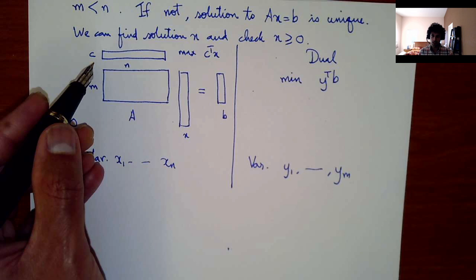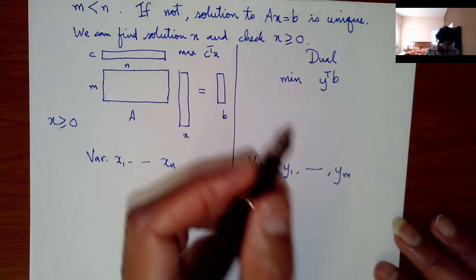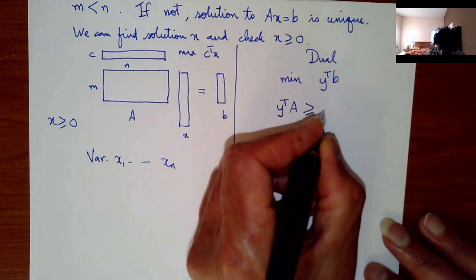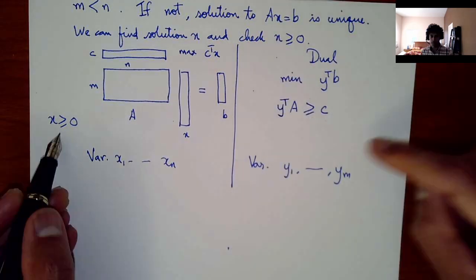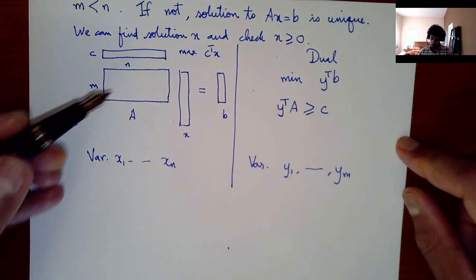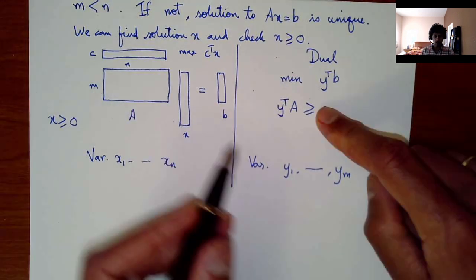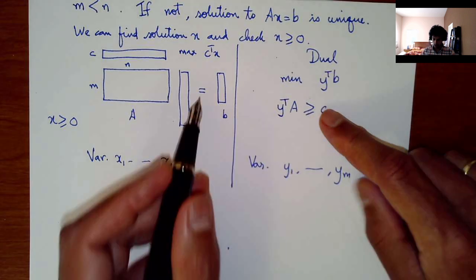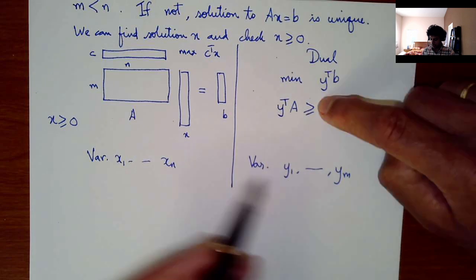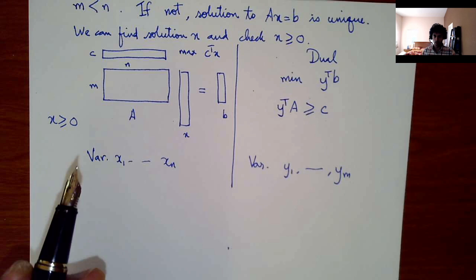And because the x's are non-negative, when you take the dual, you will get y transpose A is greater than or equal to C. Right? And because these are equality constraints, the constraints correspond to unconstrained variables. When you have non-negativity constraints on the variables, you have inequality constraints. So this is the dual. Right? So the dual is given over here.